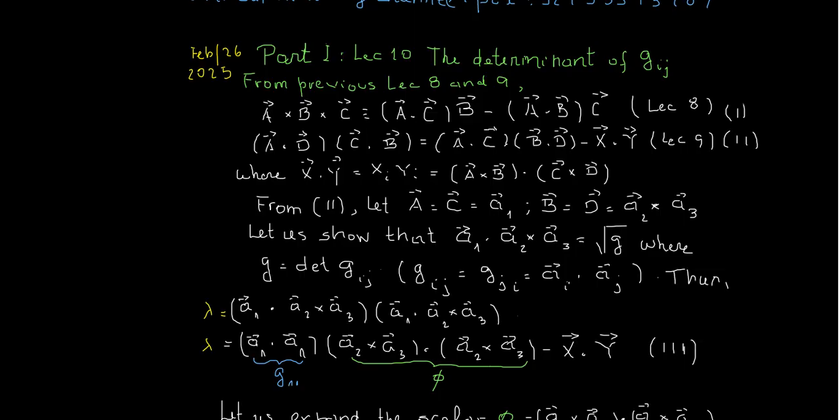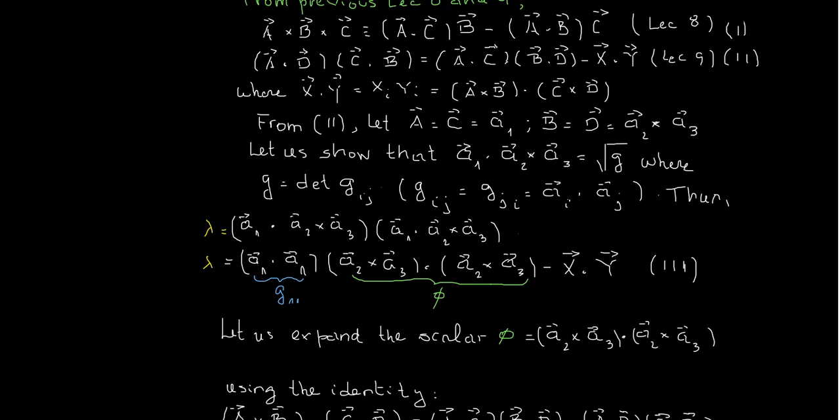I'll call this relation over here lambda. Observe that A1 dot A2 cross A3 is a scalar. So this is a scalar, the same factor here. Let's continue carefully.